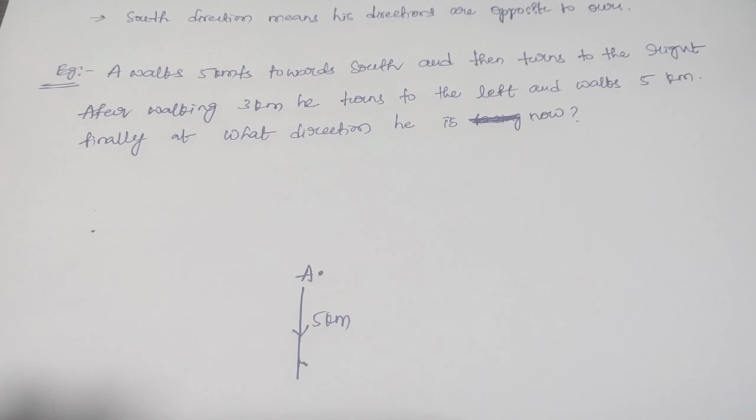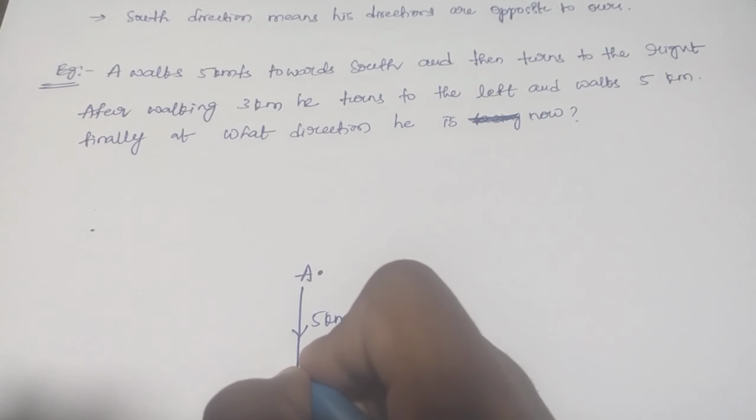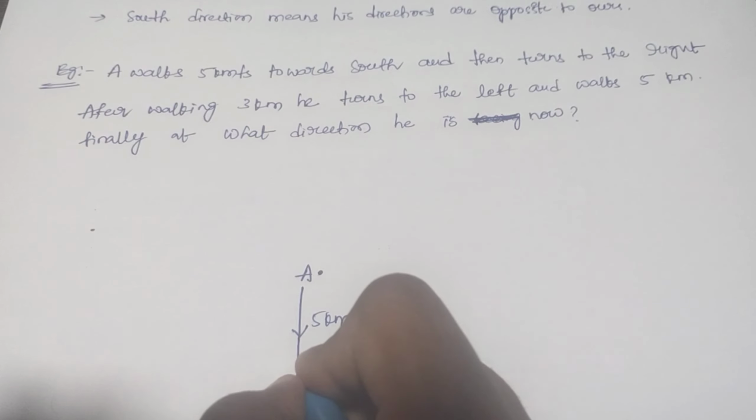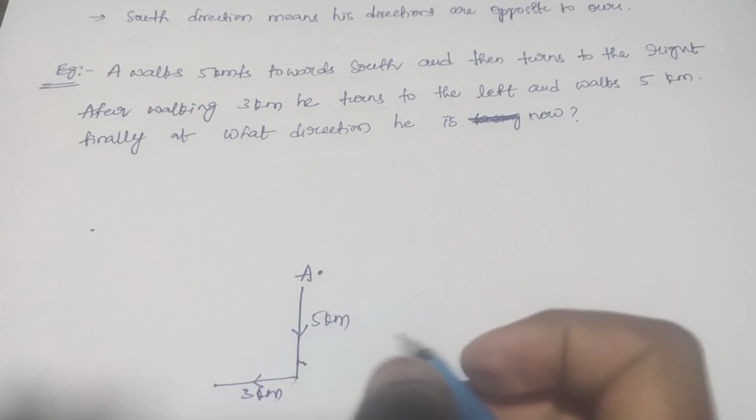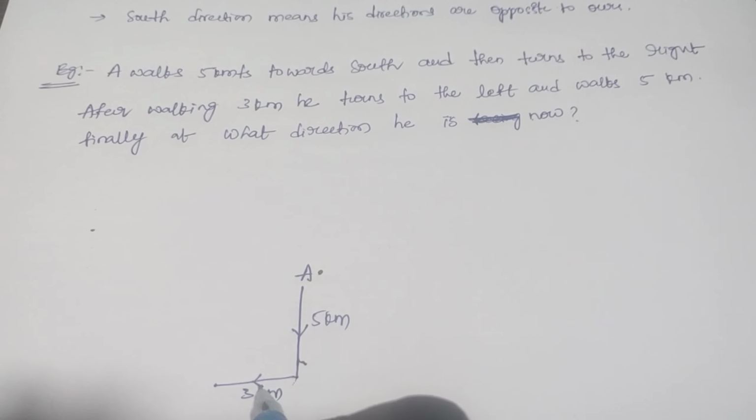As I already told you, now A is in south direction. If A is in south direction, his right is ours left. Now we have to go to ours left side. Turns to right. After walking 3 kilometers, now he walked 3 kilometers from here. Now we have to give this arrow.